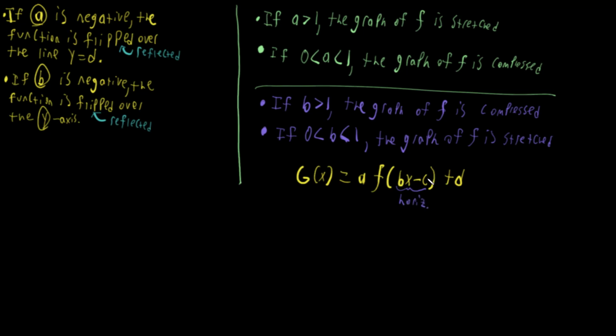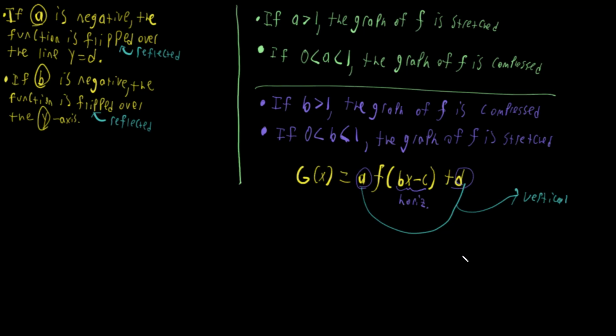So B and C each handle horizontal things, and A and D both handle things in a vertical, or up and down, sense. So A and D are going to handle vertical stretches, because A is going to handle stretches.